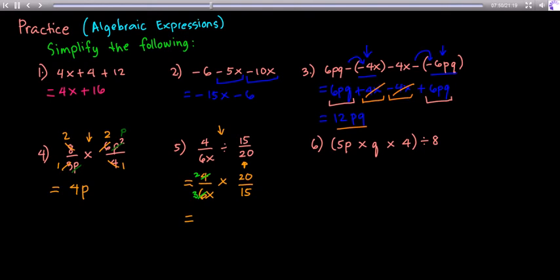We can have 2 times 20 is equal to 40, and 3 times 15 is equal to 45. Oh, look, we're having 40 over 45, and we can divide both the numerator and denominator by 5, so this would be 8 over 9. And this is the answer.